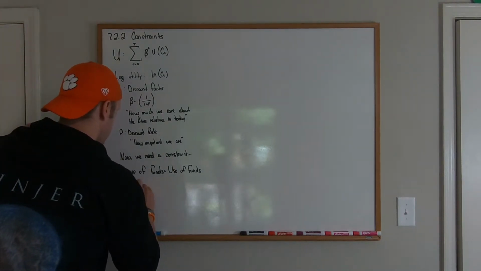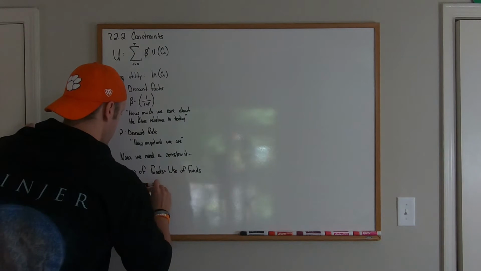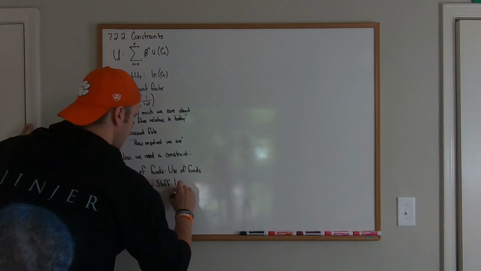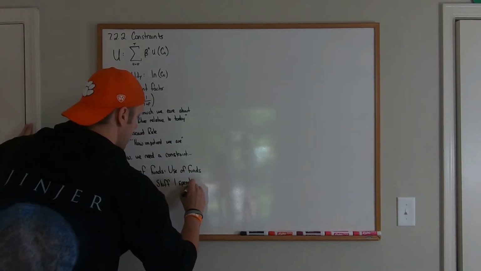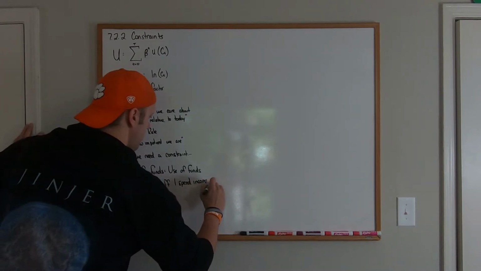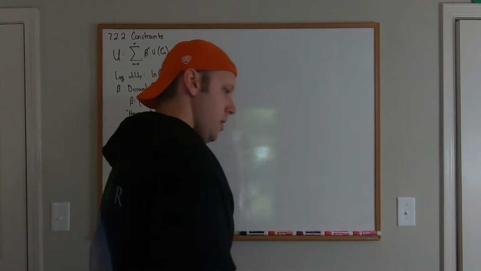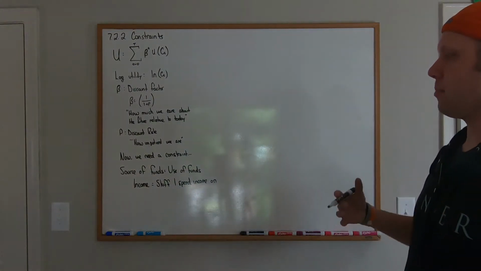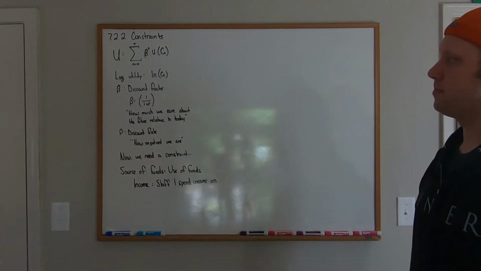The source of funds is income. The use of funds is stuff I spend my income on. So what I make can't be exceeded by what I spend.